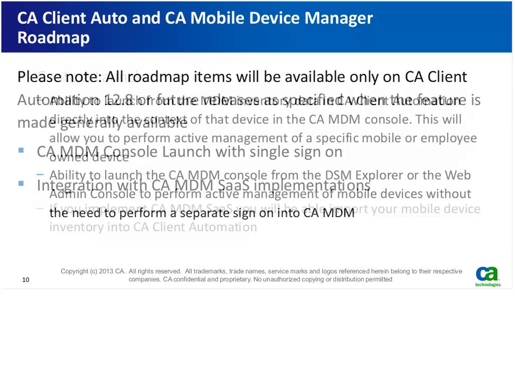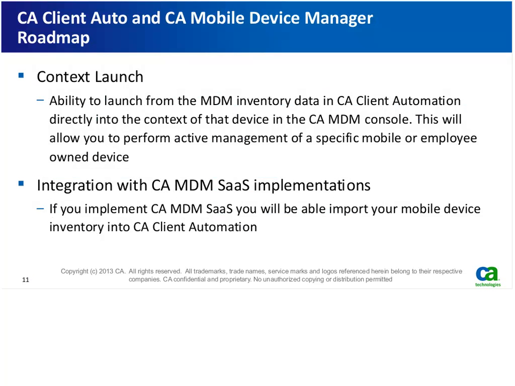Now, extending that just a little bit further, the previous feature, what I was talking about, is quite literally just a link. It would be a link from the DSM Explorer. It would be a link from the Web Admin console. This next feature, the context launch, is just a little bit deeper.